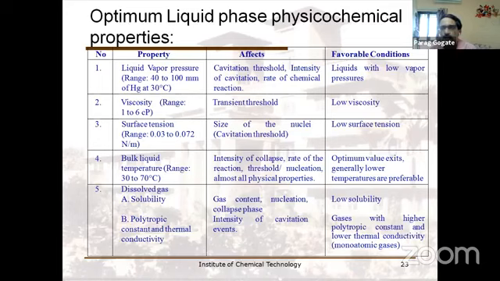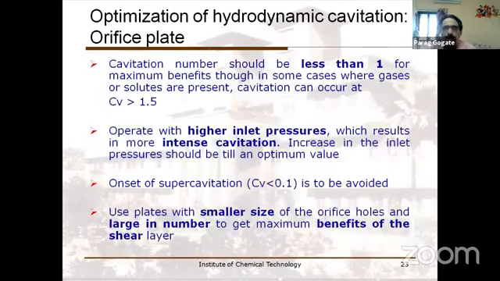Of course, when I'm looking at water and wastewater treatment, water satisfies all these favorable conditions. You already have low vapor pressure, low viscosity, low surface tension, and ambient conditions can be used for wastewater treatment. Definitely lower temperatures are preferable. So these are some of the aspects.